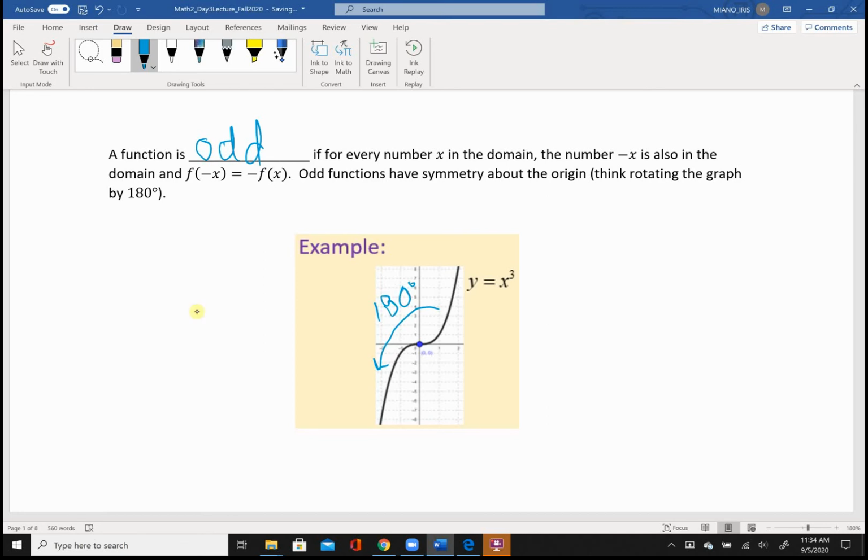And algebraically, if you have a negative input value coming in, it's like that negative sign transfers its way out to the output value on the other side of the equation. You'll see examples of that when you get into the homework, on how algebraically you'll find that a function is odd. There we go.